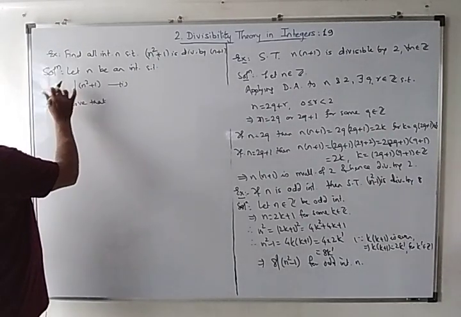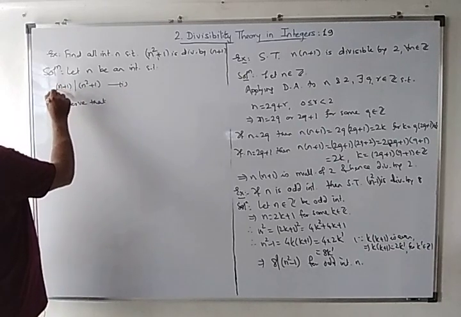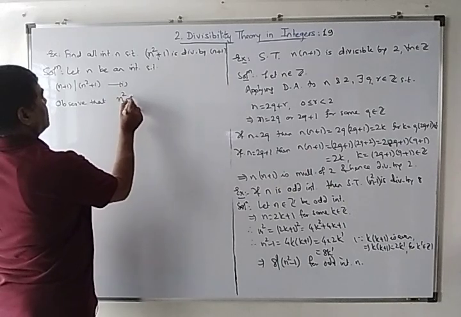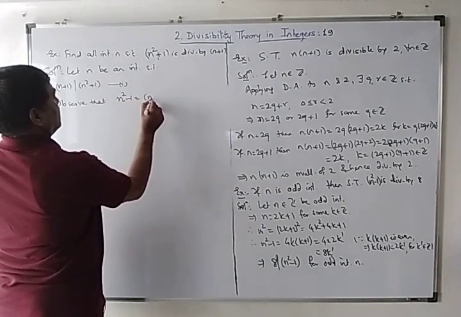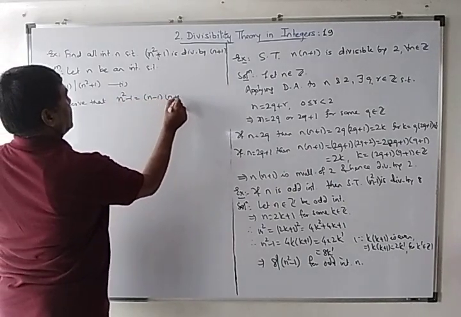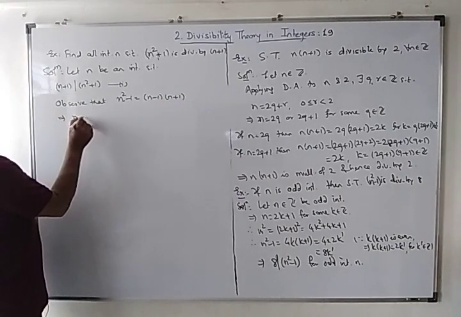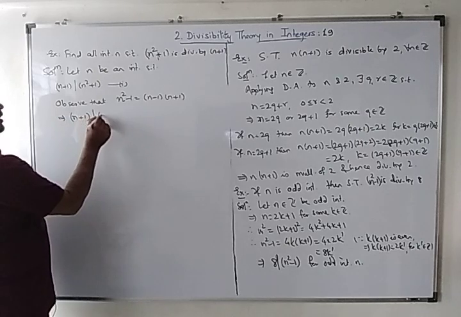Observe that n square minus 1 is equal to n minus 1 into n plus 1, which implies n plus 1 divides n square minus 1.